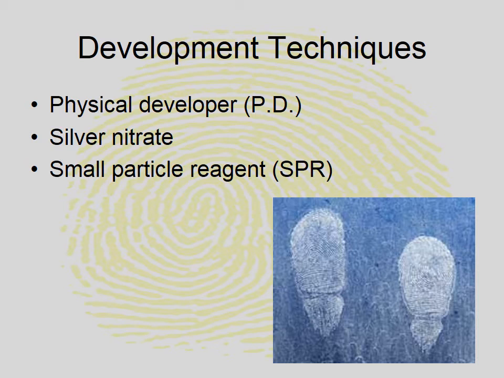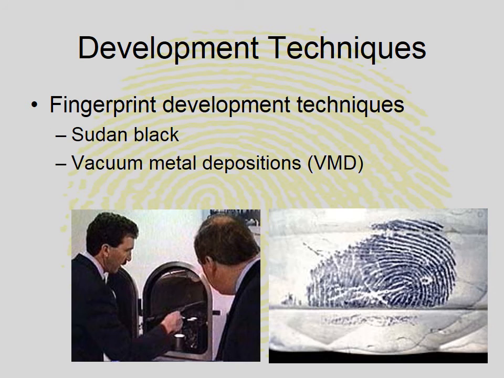Physical developer is actually a film developing process from when we used to take pictures by film and develop them, and they still do that. PD can be used for fingerprints as well. Silver nitrate, SBR, or small particle. Sudan black, in combination with a vacuum metal deposit chamber, you can put an object into the chamber, and again it will attach to the surface.